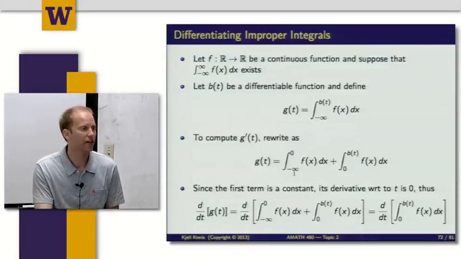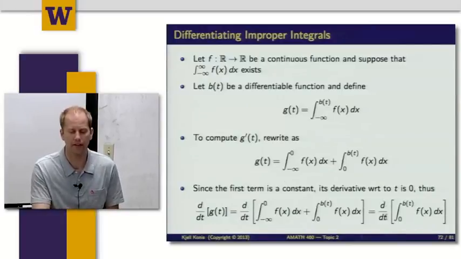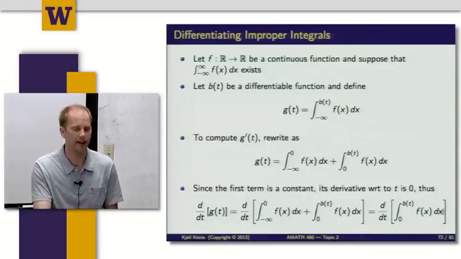And so when I take its derivative with respect to t, I'm just going to get 0. So to compute the derivative of my function g of t, I can just ignore this first term, and all I have to do is compute the derivative with respect to t of the integral from 0 to b of t of my function f of x.